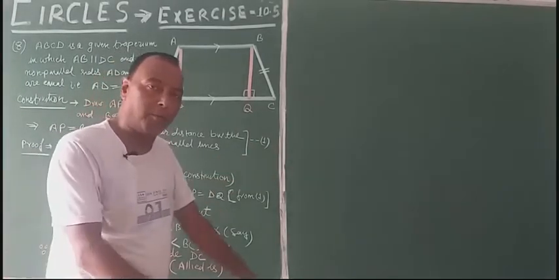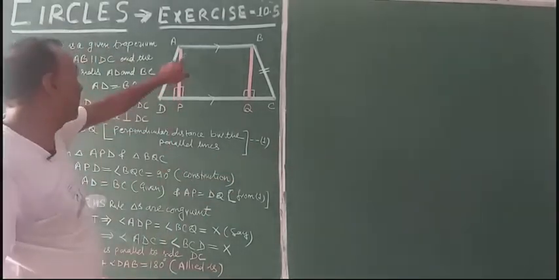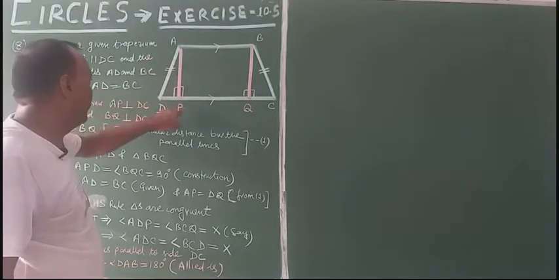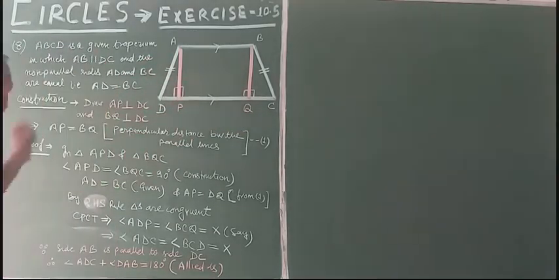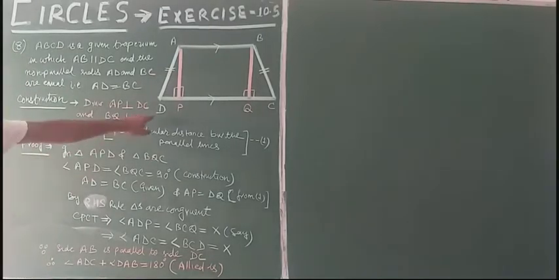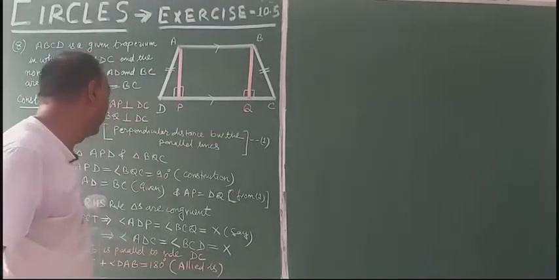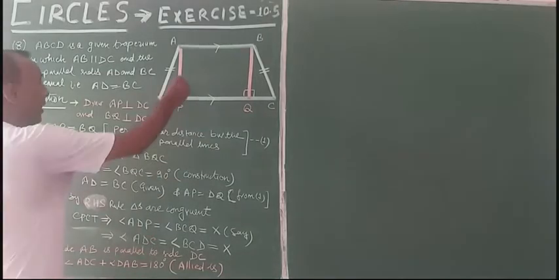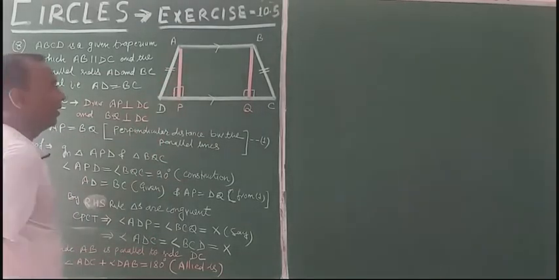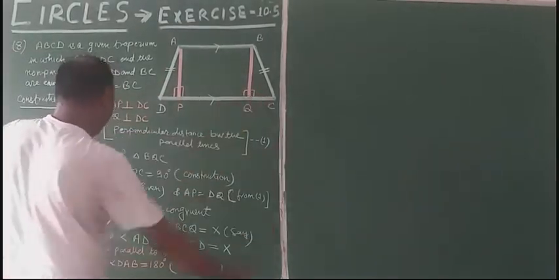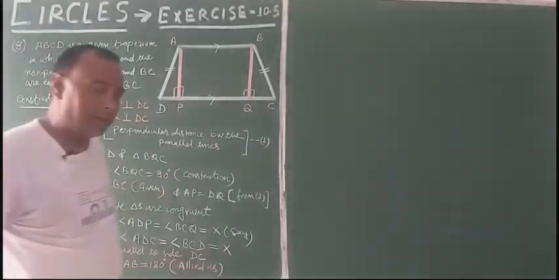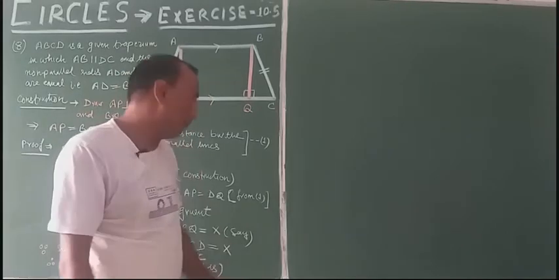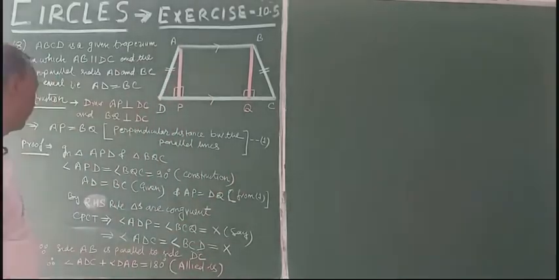Now just look at the triangles APD and BQC. Just look here. This angle APD is equal to angle BQC. Both are equal to 90 degrees. And why are they 90 degrees? By construction.